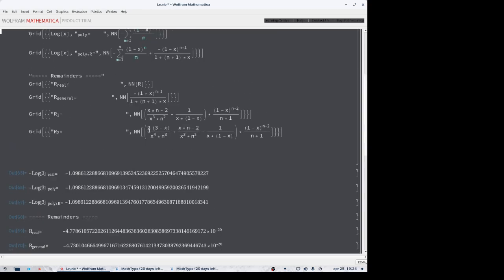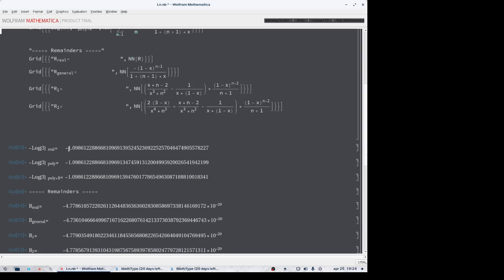Let's see what will happen if I use 1 over 3. So we get the same result but with negative sign. And now the polynomial approximation seems very good. Look at here, how many decimal places.